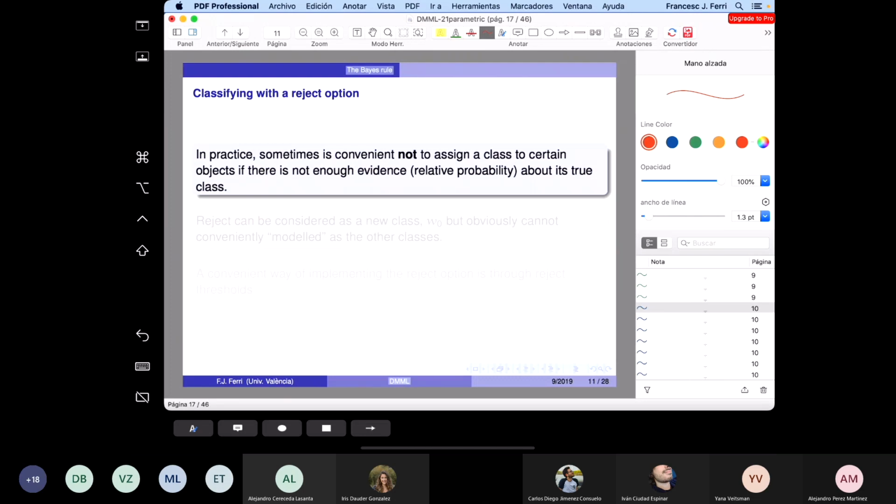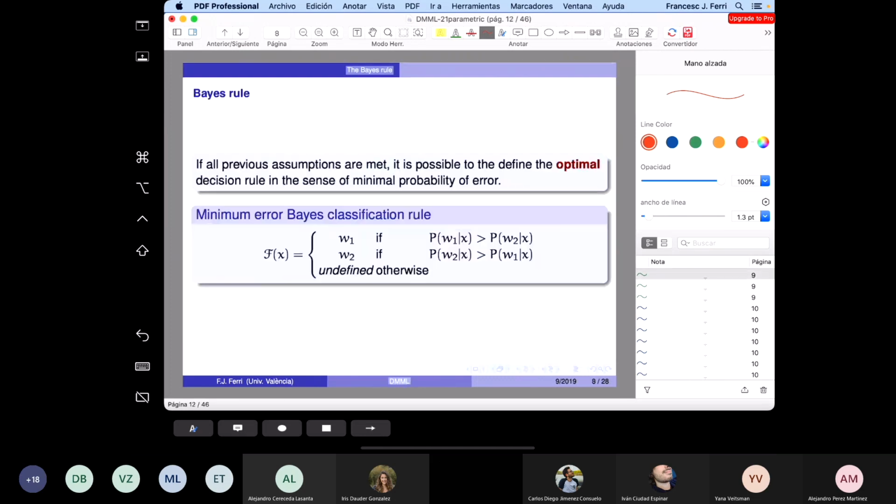Sometimes we can classify also with a reject option. This means we have two classes. We can classify into one class, the other class, or we can say that we are not sure about the classification. This happens when we have, for example, equality between probabilities.